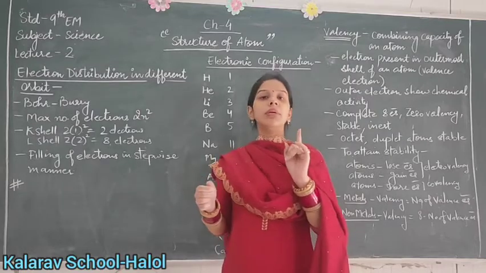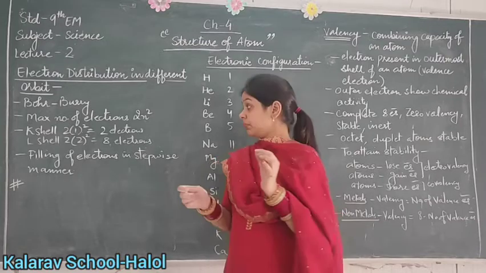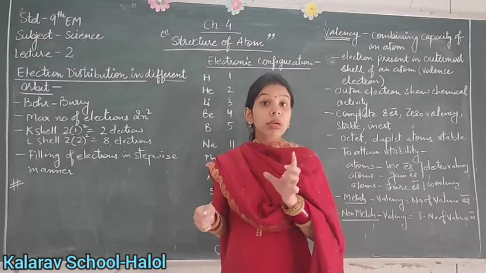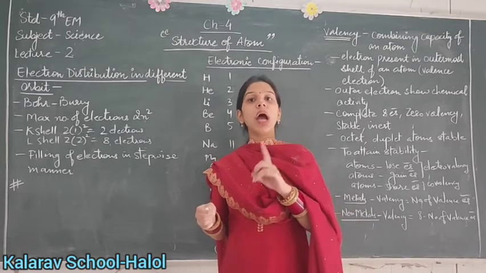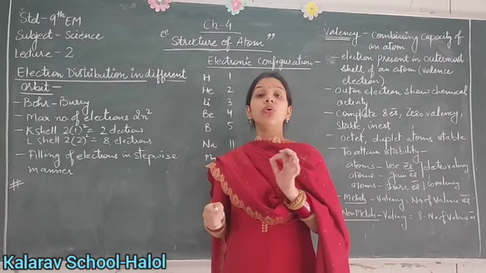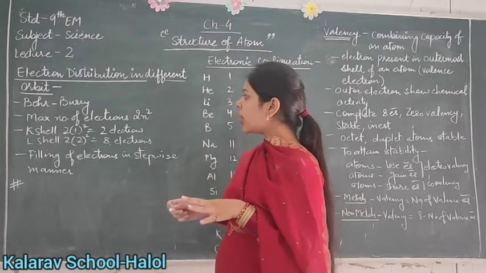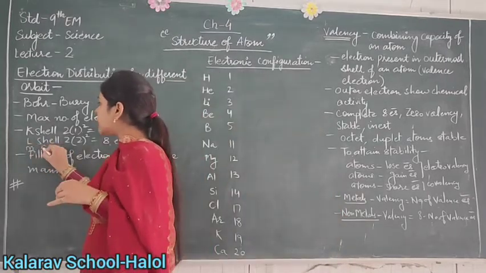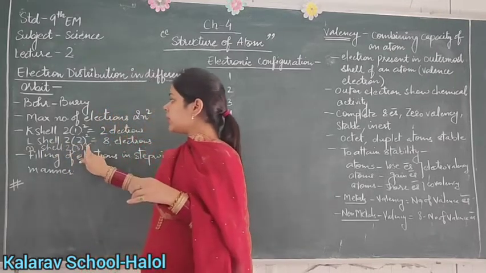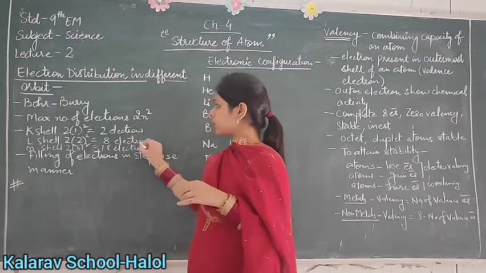The maximum number of electrons that can be accommodated in the outermost shell is 8 only. For the M shell, n is 3, 3 square is 9, 9 twos are 18, so that is 18 electrons.